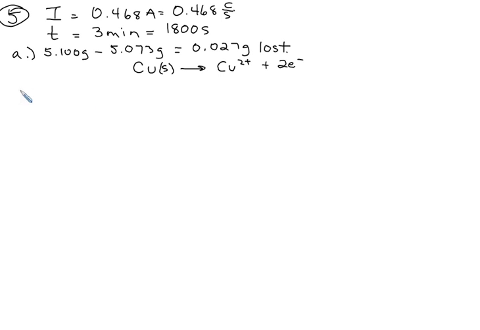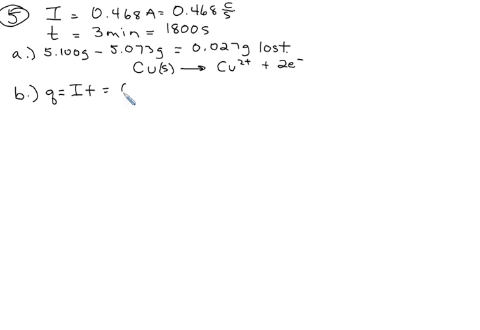So then they say, okay, well, let's calculate how many coulombs we have used. So we know from the equation, the only equation for electrolytic cells, Q, which is the number of coulombs, is equal to I times T. I is amperage, T is time. So let's just plug in those numbers.